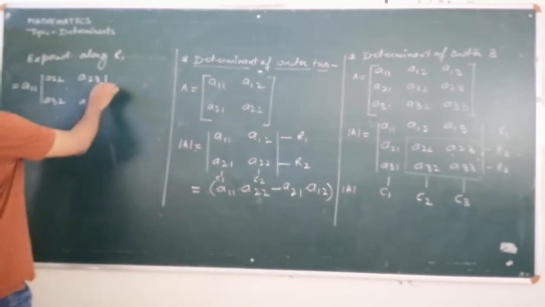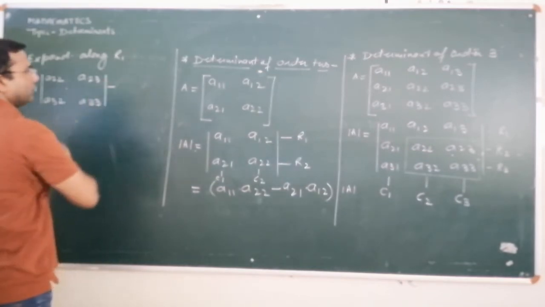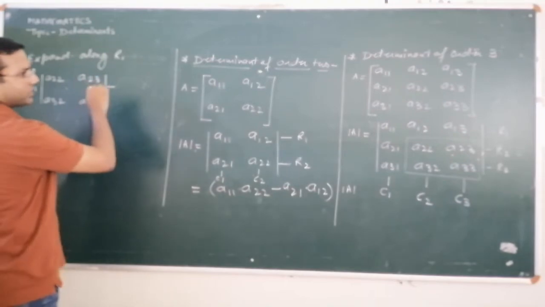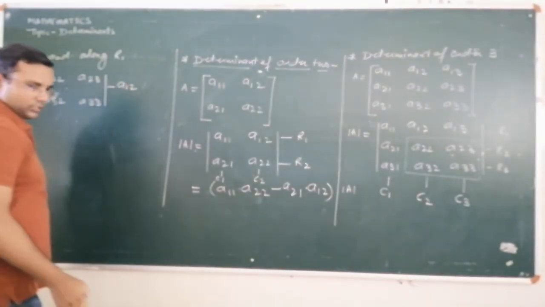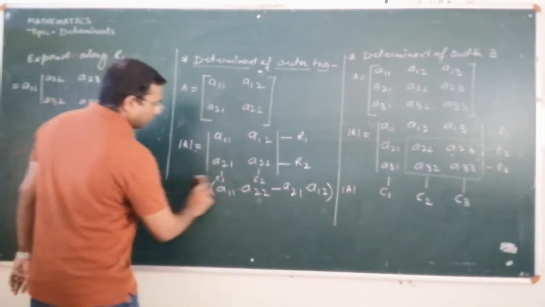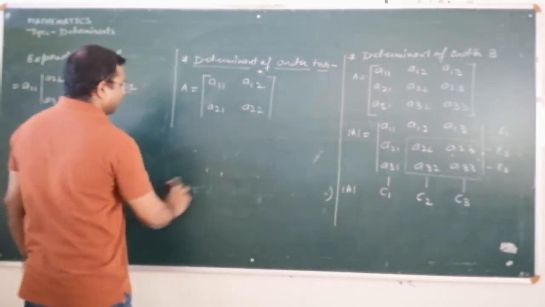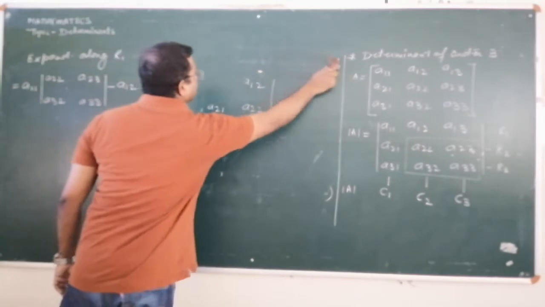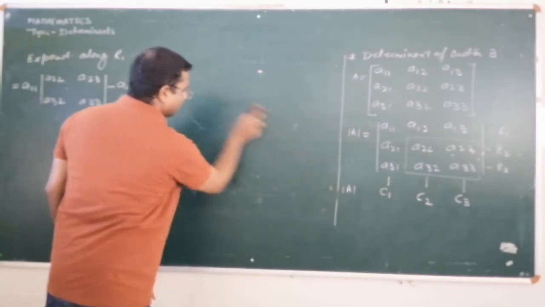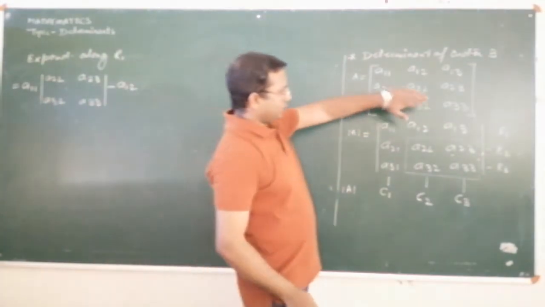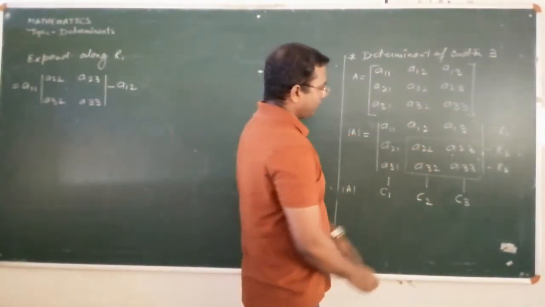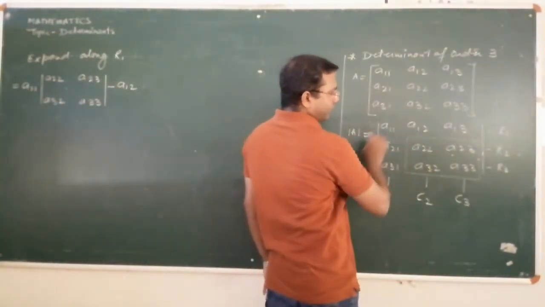Then you will have to put a negative sign and write the second element of the first row, that is A12. So student, see now, A12 is the second element of the first row, in the second column.